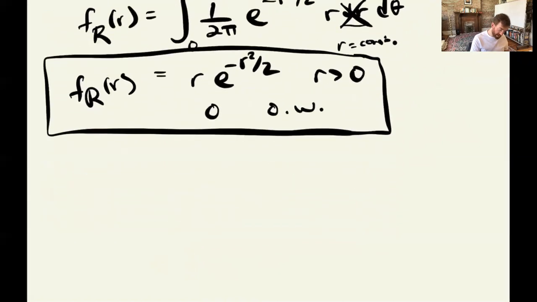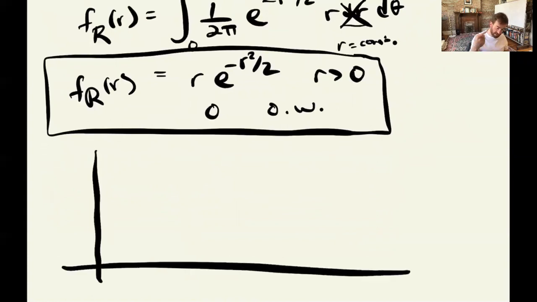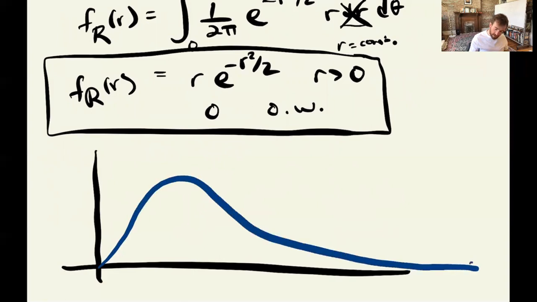And remarkably, this has a very beautiful graph. In particular, at r equals 0, it does actually equal 0. But then it kind of goes up and then down, and then there's this long tail. So this is the PDF for r.